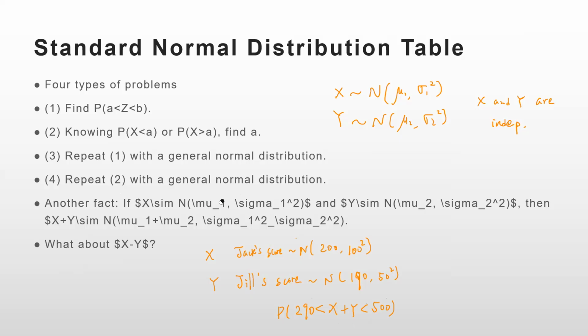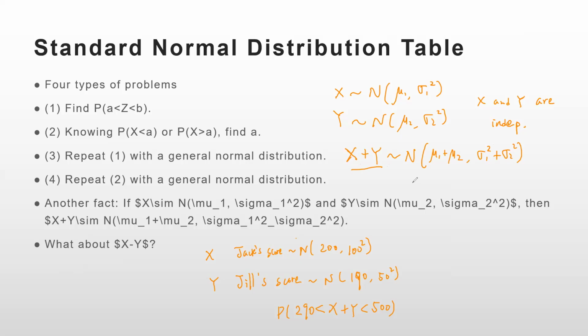Suppose we have two random variables which are independent, both follow normal distributions, but with different parameters. Then X plus Y also follows a normal distribution, with mean mu1 plus mu2. And the variance of the sum is the sum of the variances. It's not true that the standard deviation of the sum equals the sum of the standard deviations.